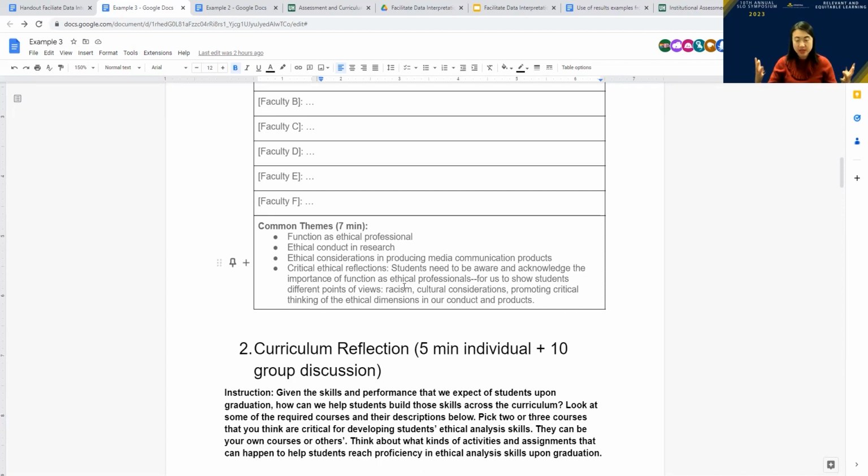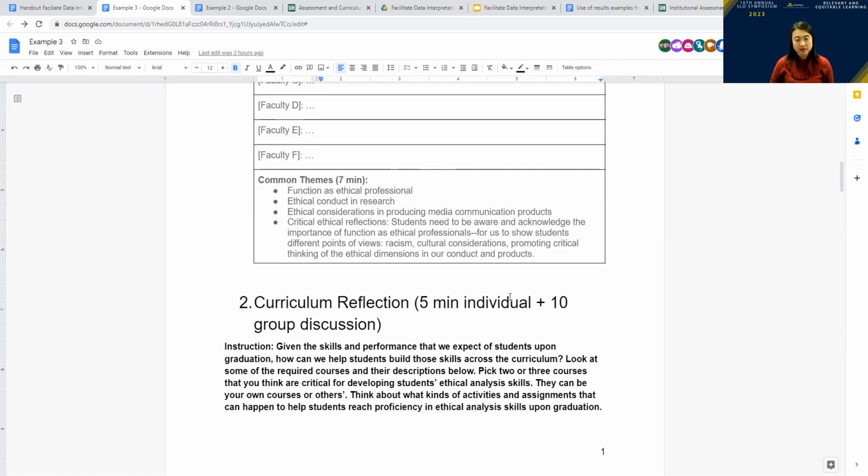When there's news coming out, is it biased towards a certain group of people? Is there racism? Is there a cultural bias in any of the communication products that others produced? So these are the 4 dimensions that emerged.